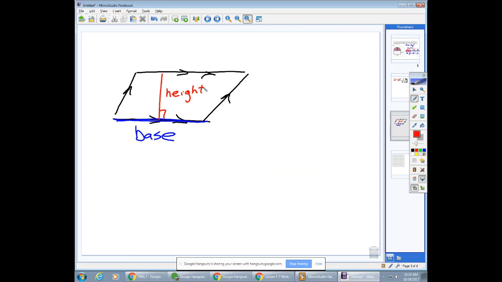So this black side over here on the left, that's not the height. The height has to be measured straight up from the base to the top. If I know those two numbers, I know the area. One way to think about that is if you were to slice off that side vertically and pick it up and stick it over here, what will you have made? A perfect rectangle. So every parallelogram can, with one chop and a replacement, be turned into a rectangle, in which case you still have the same base and perpendicular height.